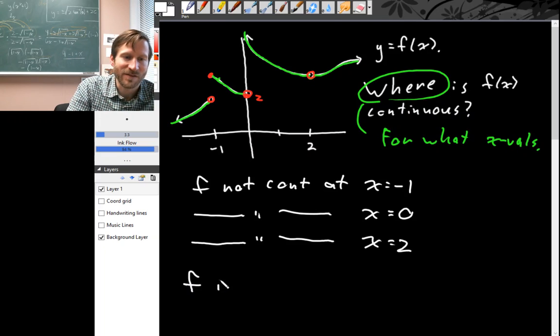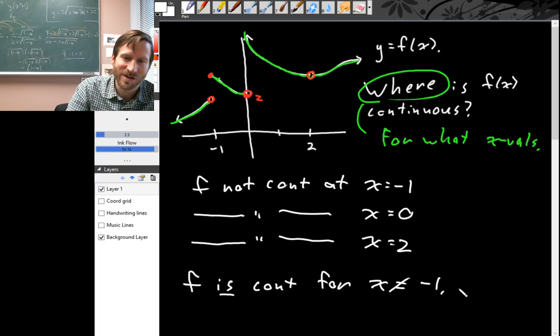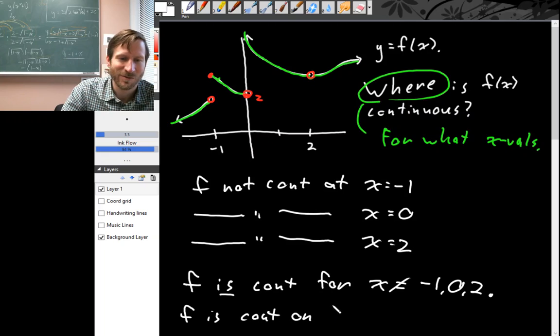And that means that f is continuous for all x values different than -1, 0, and 2. Another way to say this is that f is continuous on the intervals. Well, let's see, it starts being continuous for large negative values all the way up to -1, but it's not continuous at -1, so we have to chop out the x value -1.